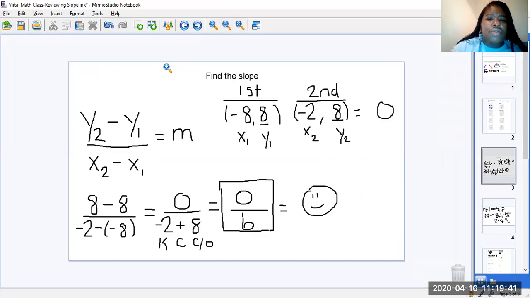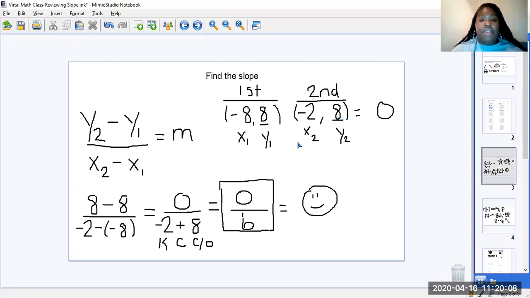All right. So we did an example yesterday of finding the actual slope when we were given 2 coordinates. Okay. So again, you're going to be given 2 coordinates. For example, we used -8, 8, and we used -2, 8.